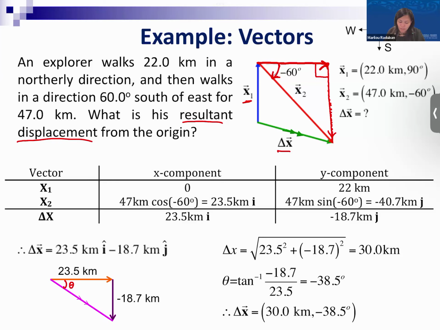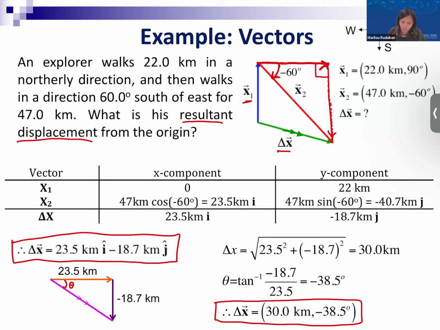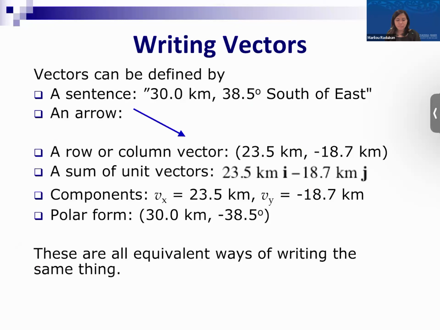Right, so you can write down your answers either in this component form or in this polar form. We call this the polar form of writing vectors, and this is the component form, and both answers should be correct. You can write the vectors as a sentence, giving the magnitudes and the direction.